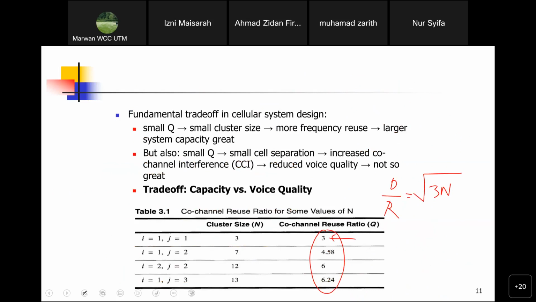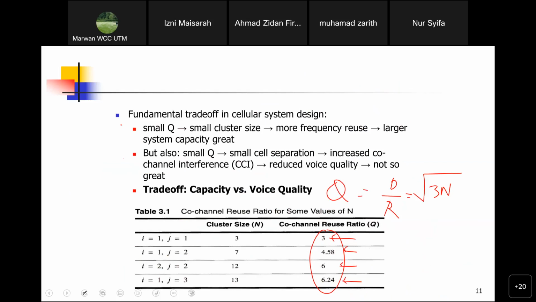If N equals 7, that's cluster 7, just now we get 4.6. And 6.2, depending on the size of the cluster. So it depends on Q. So Q is the one telling you about the co-channel interference.